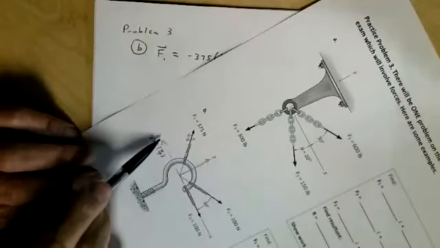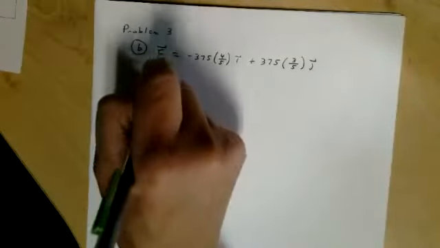Again, let's just check our directions. Negative for the X, positive for the Y, which we have here.